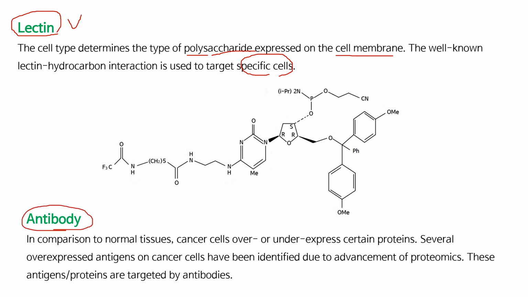Antibody. In comparison to normal tissues, cancer cells over- or underexpress certain proteins. Several overexpressed antigens on the cancer cell have been identified due to the advancement of proteomics. These antigen proteins are targeted by antibodies.